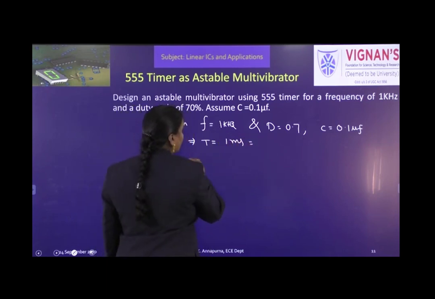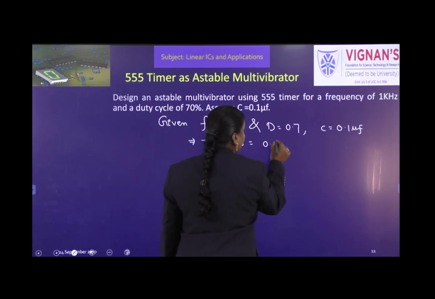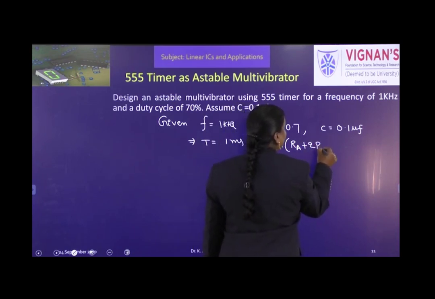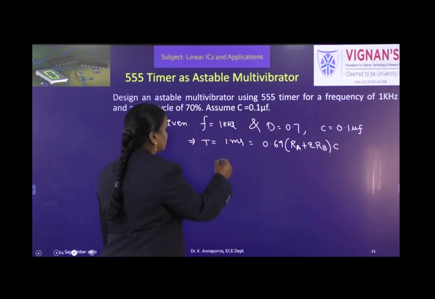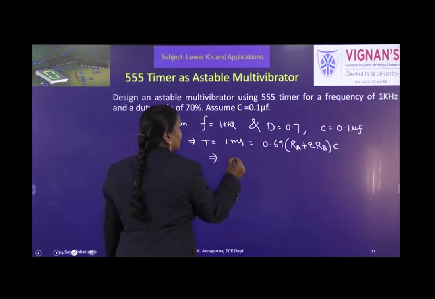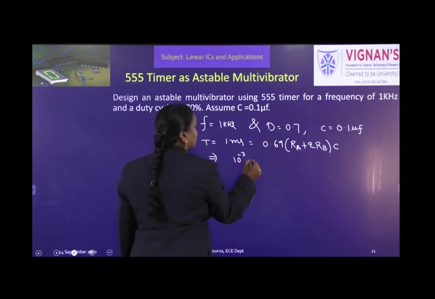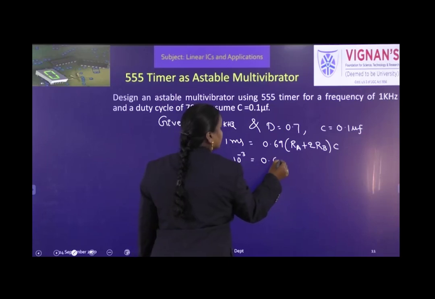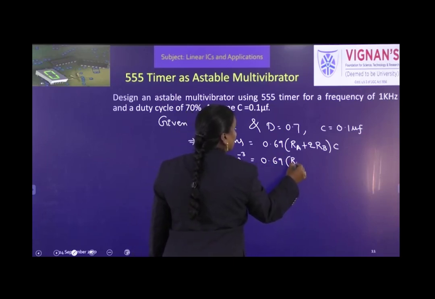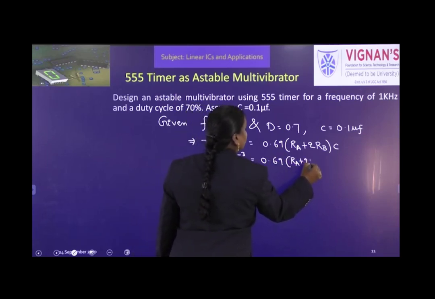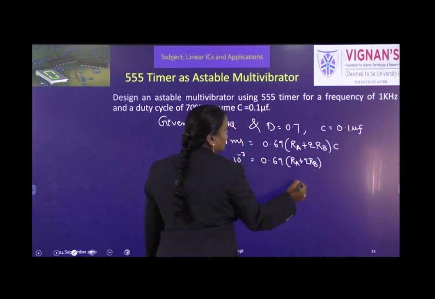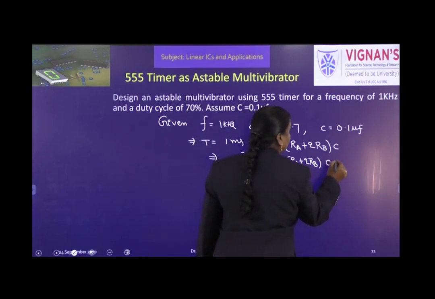And what is the formula for this? 0.69 into (RA plus 2 RB) into C. So 10 power minus 3 is equal to 0.69 into (RA plus 2 RB) into C, which is also given as 0.1 micro. Micro means 10 power minus 6.